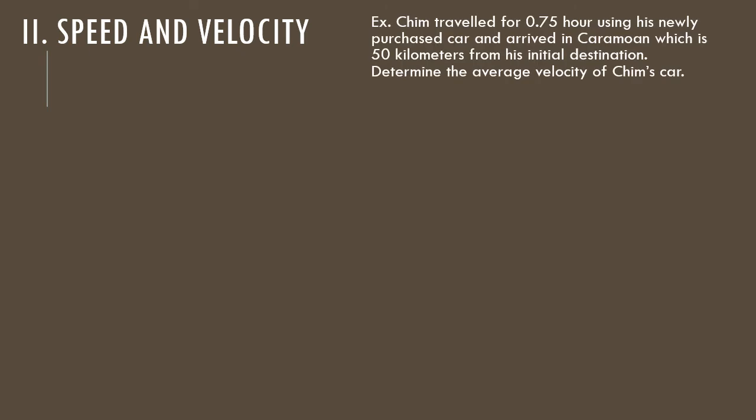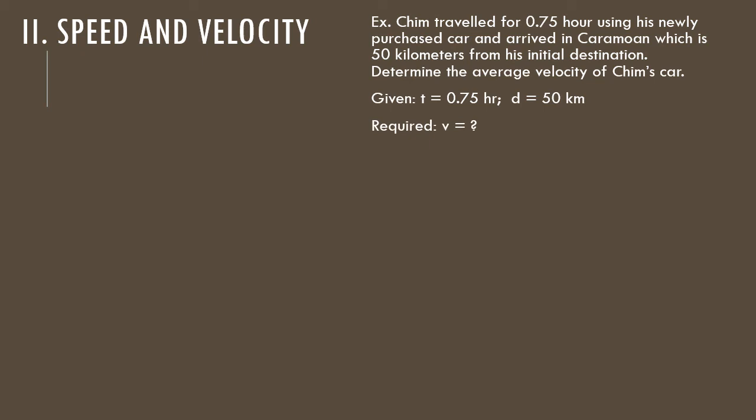So let's have an example. Chim traveled for 0.75 hours using his newly purchased car and arrived in Karamoan, which is 50 kilometers from his initial destination. Determine the average velocity of Chim's car. So the given is time is equal to 0.75 hours, distance is 50 kilometers.